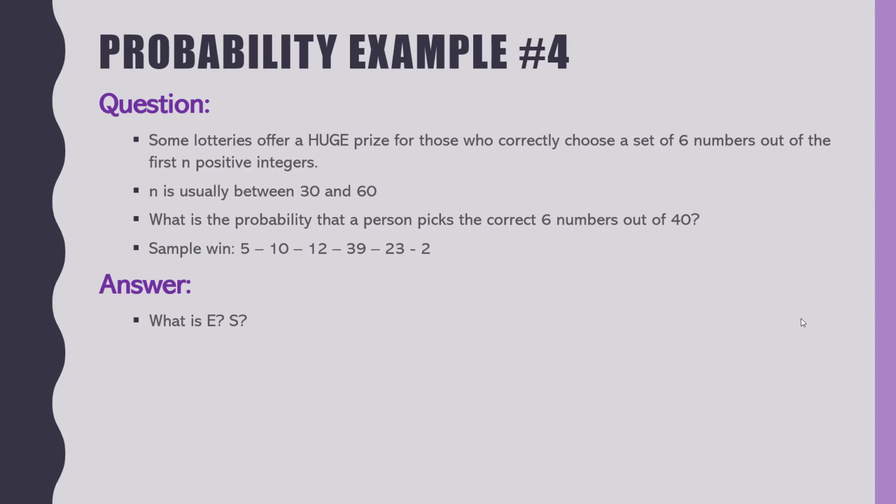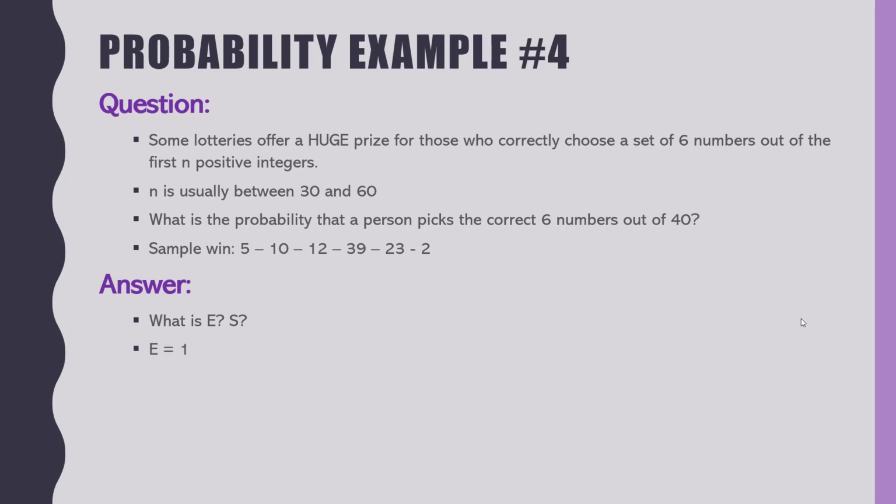So again, what's our event size? It's just 1, very good. Our event size is just 1, because in this example I gave above, I have to get 5, 10, 12, 39, 23, 2 in that order to win. There's only one way to win, right? So E is 1. But what's our sample space?